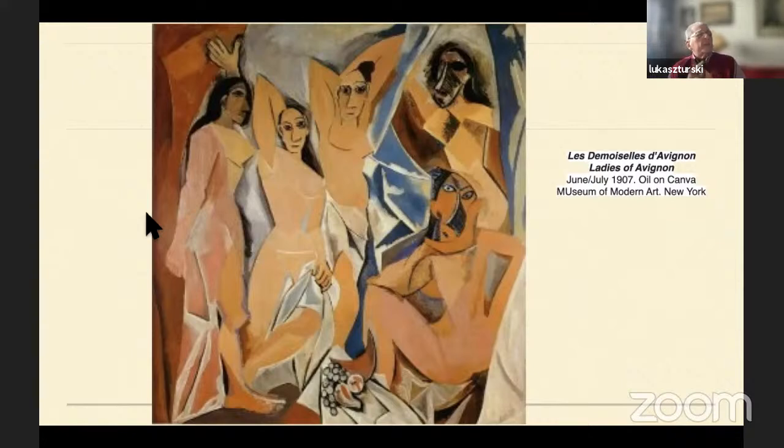This is one of these world masterpieces, and it's called the Ladies of Avignon, the Demoiselles d'Avignon. And it resides in the Museum of Modern Art in New York.